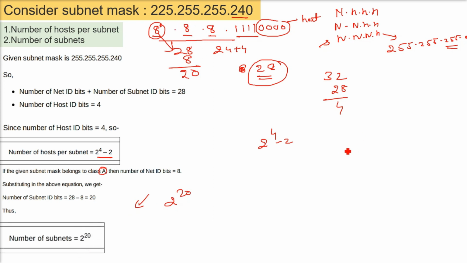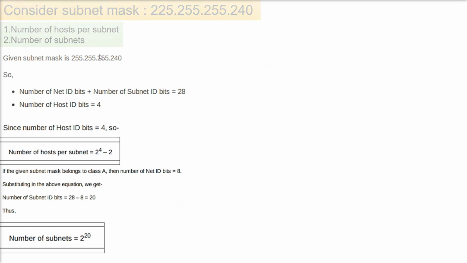If it would have been class B, then the first 8 1 bits, second 8 1 bits have to be subtracted: 28 minus 16. And if class C, 28 minus 24 has to be done. So 2 to the power 12 in the class B case, 2 to the power 4 in the class C case.